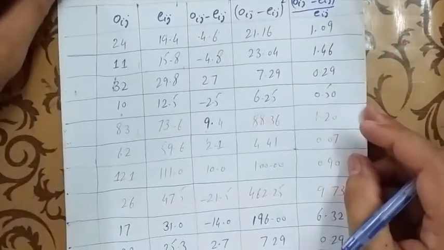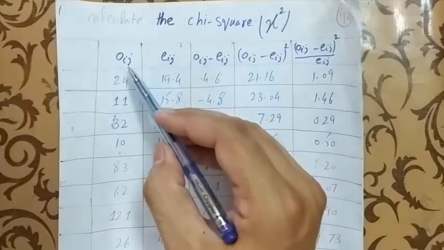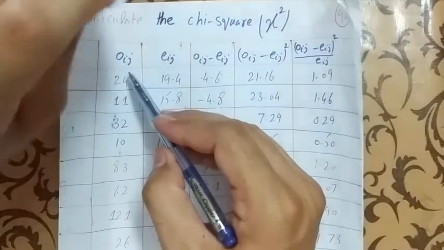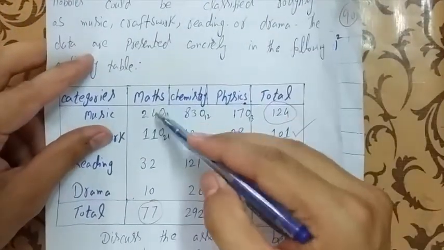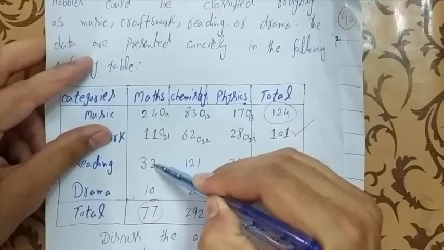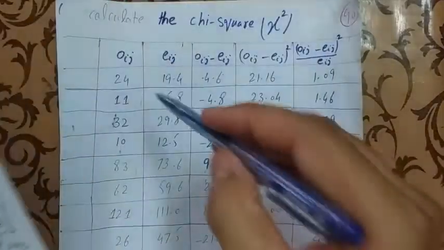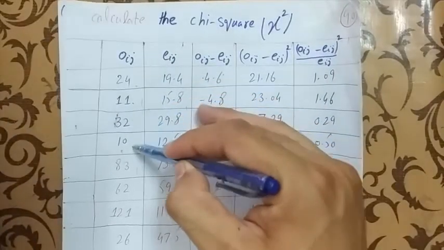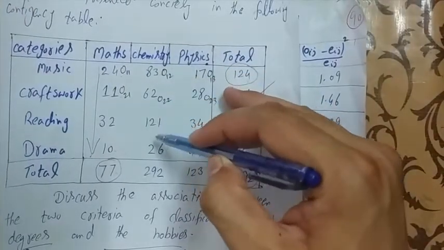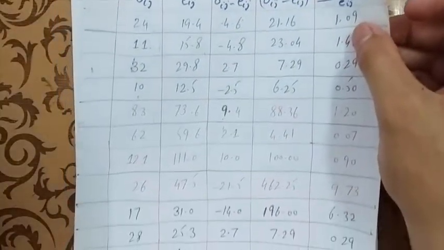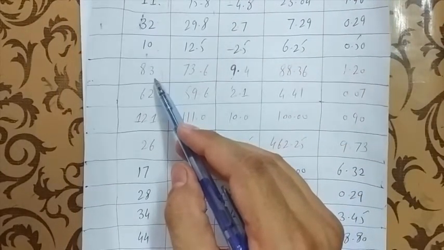Calculate the chi-square. First, Oij. Dear students, what is Oij? I already explained. Oij are 24, 11, 32 and 10. First we write this column: 24, 11, 32, 10. Similarly for 83, 62, 121 and 26, write this with a red pencil.